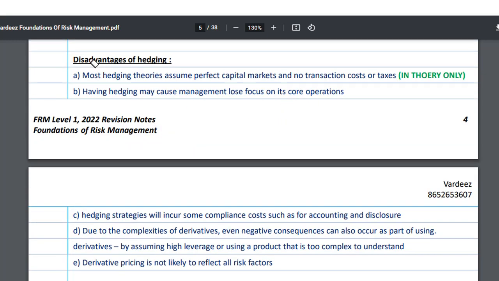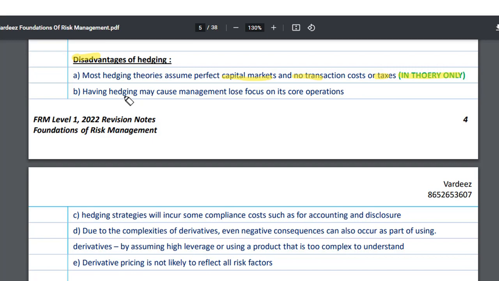Talking about the disadvantages, most hedging theories assume that there exist perfect capital markets, which is absolutely not the case. There is no perfect capital market, and there are no transaction costs or taxes, which really doesn't exist today. So that is why we can say that this works only in theory.